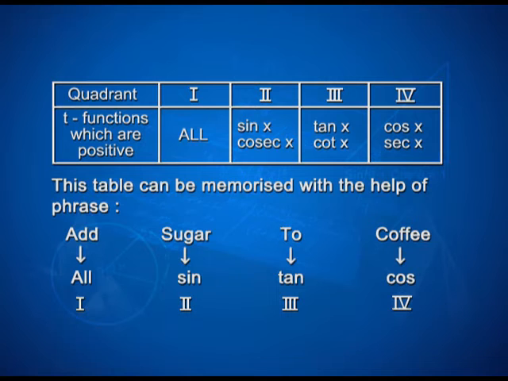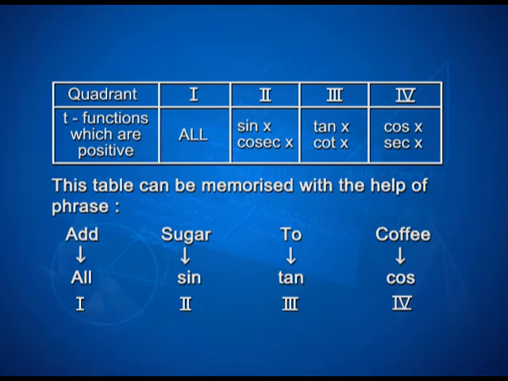This table can be memorized with the help of a beautiful phrase: add sugar to coffee. Here, the first letter of the word add stands for all. All means all the trigonometric functions sin, cos, tan, cosec, sec and cot are positive in the first quadrant.